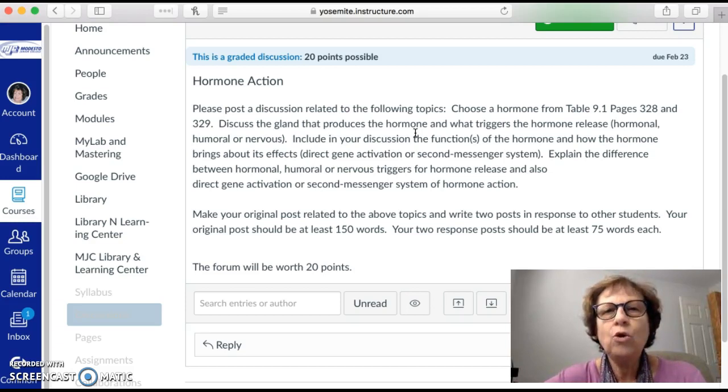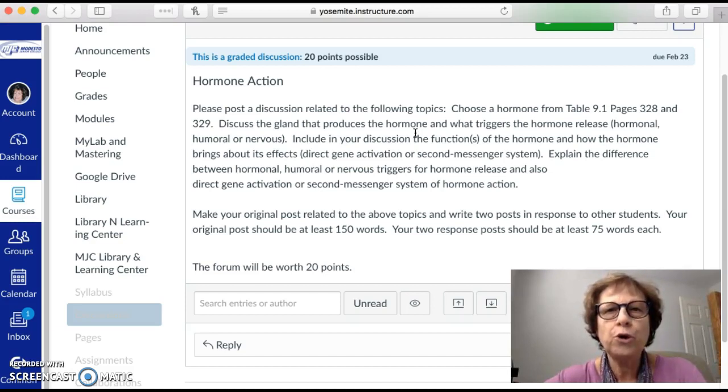And these are hormonal, which means a hormone from another gland will trigger the hormone from your particular gland to secrete its hormone.